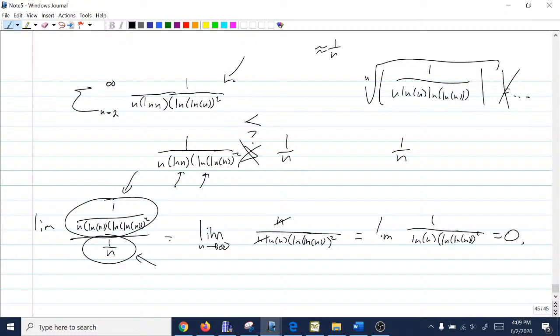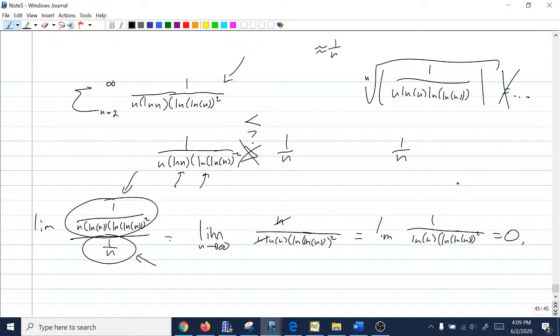And this thing is only going to 0 a tiny bit faster than that. The terms are going to 0 a tiny bit faster than that. So probably if the root test and the ratio test don't work on 1 over n, and they don't, then they're probably not going to work on this thing either. So that's not looking good.